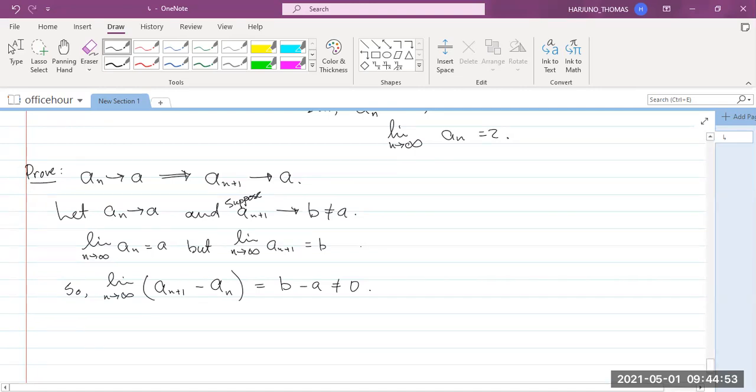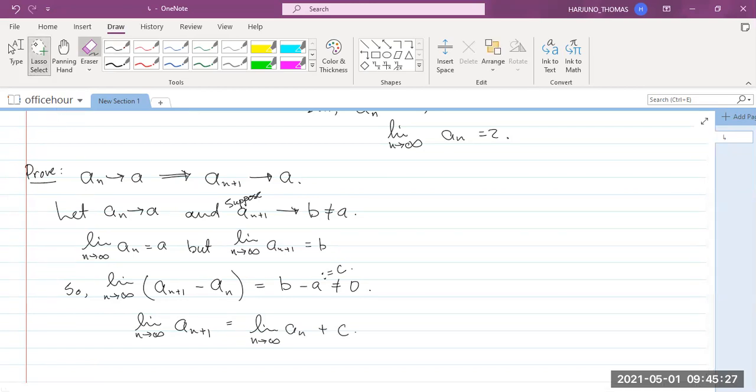Let's call that difference C. You set that to be equal to C, which means the limit as n goes to infinity of a sub n plus 1 minus a sub n equals C. But the contradiction has something to do with.